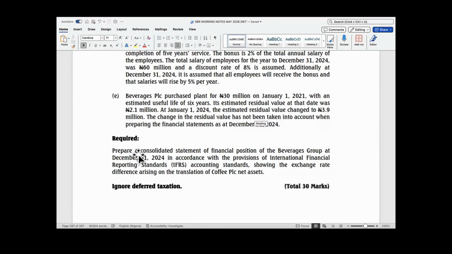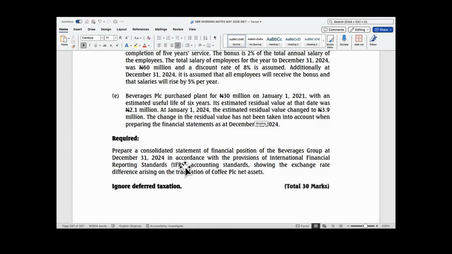So when you look at what this question is wanting us to do, you would see that they want us to prepare a consolidated statement of financial position of the Beverages Group at December 31st, 2024, in accordance with the provisions of IFRS accounting standards, showing the exchange rate difference, advising on the translation of Coffee PLC net asset.